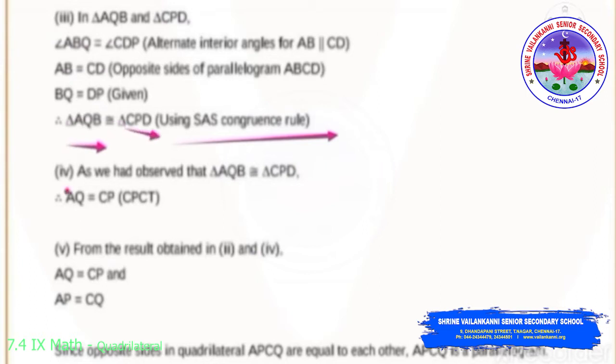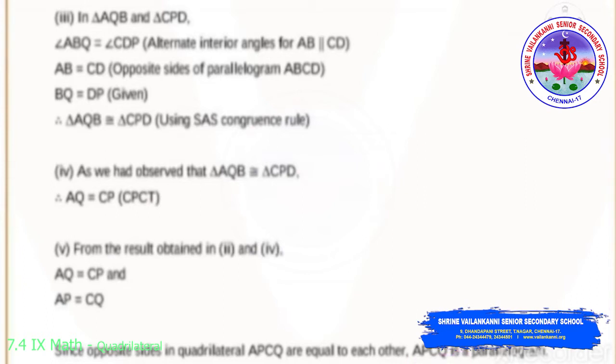Fourth subdivision, I want to prove AQ is equal to CP. Since sides AQ and CP are related to the sides of triangles AQB and CPD, and triangle AQB is congruent to triangle CPD, I can relate that AQ is equal to CP by CPCT. Fifth subdivision, I want to prove that APCQ is a parallelogram.